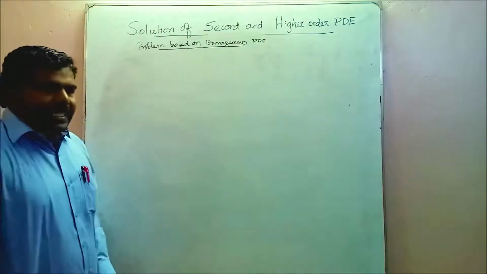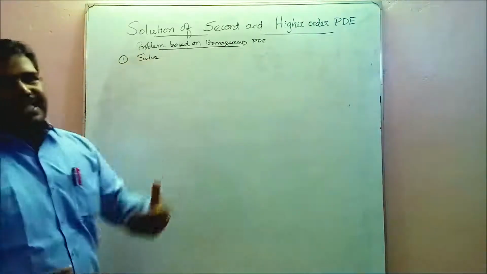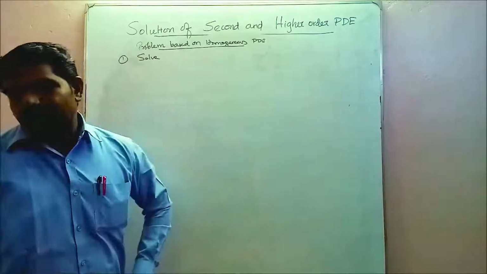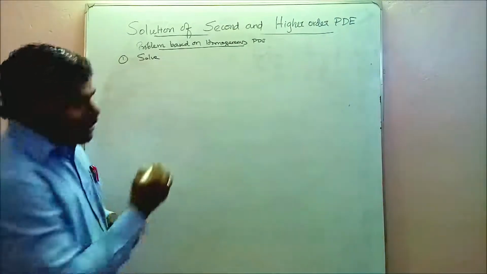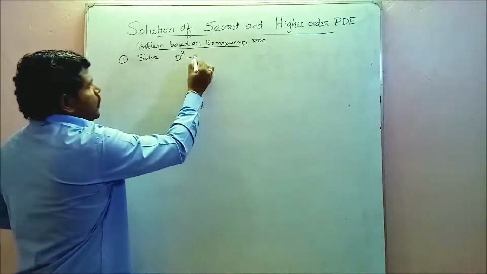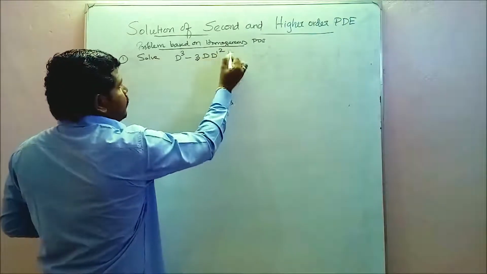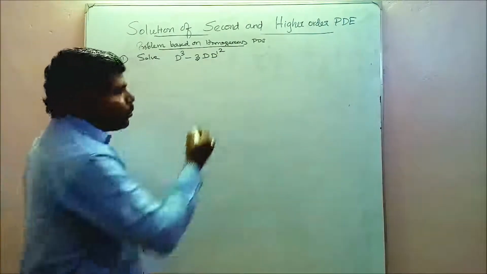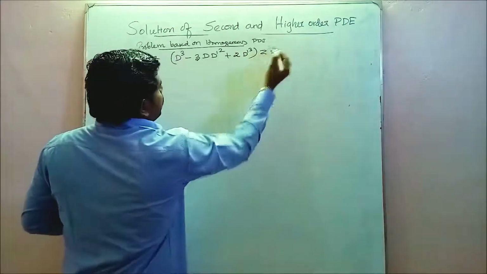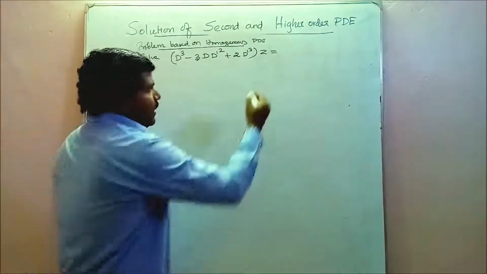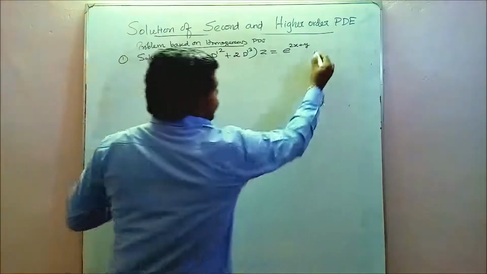Now let us take a problem. Solve. If a homogeneous partial differential equation is given as the first question, we will see how to solve it. D power 3 minus 3 D square D dash plus 2 D dash cube into z equal to e power 2x plus y plus e power x plus y.